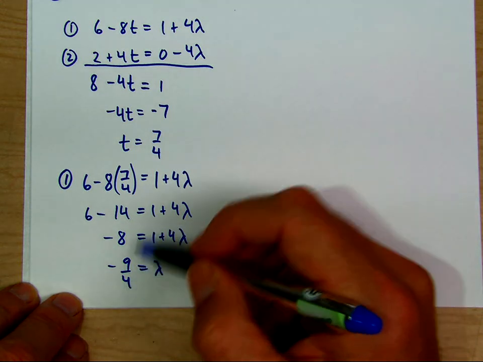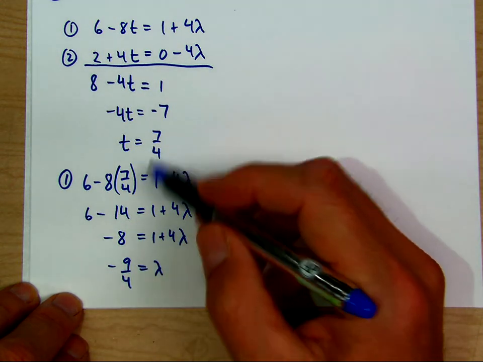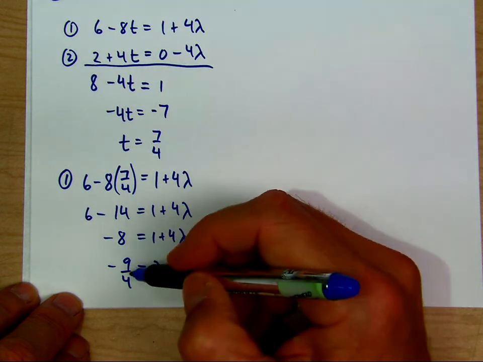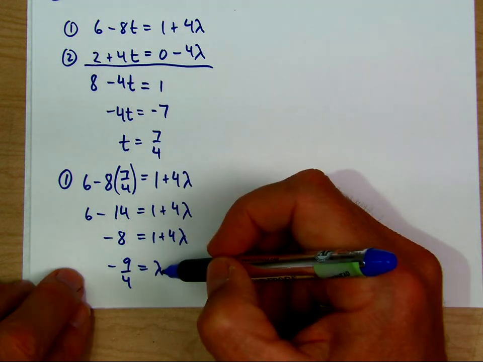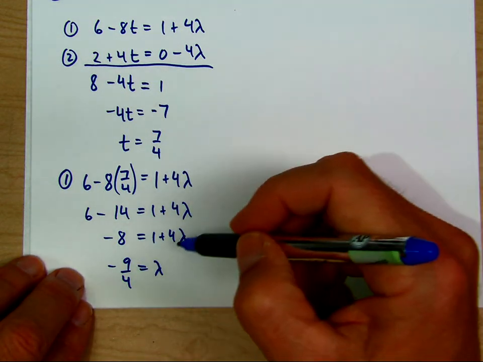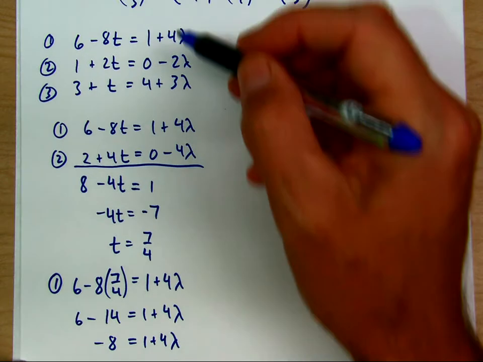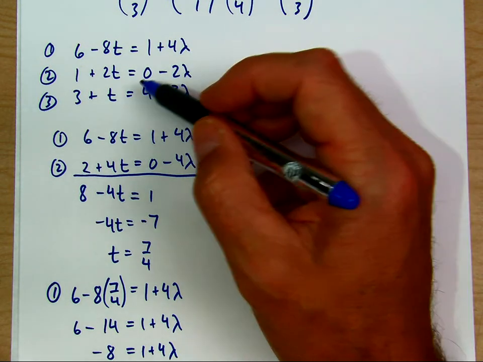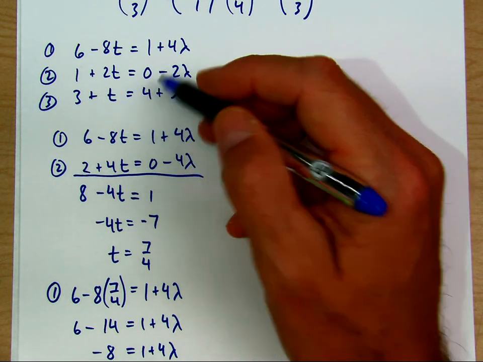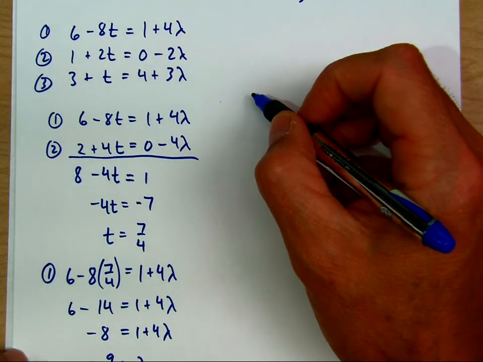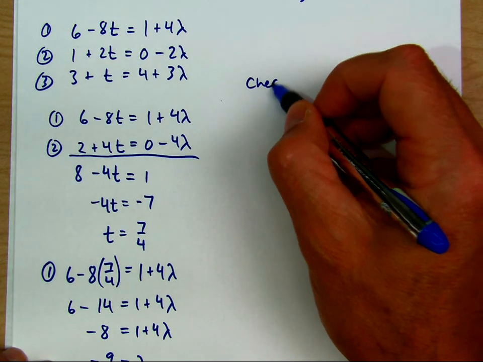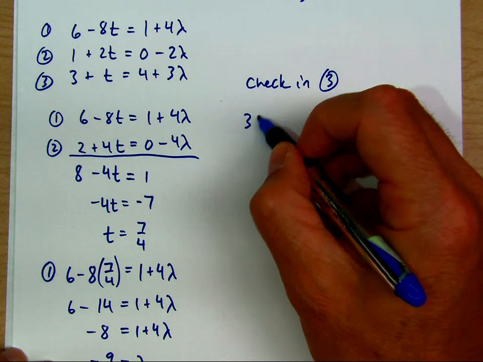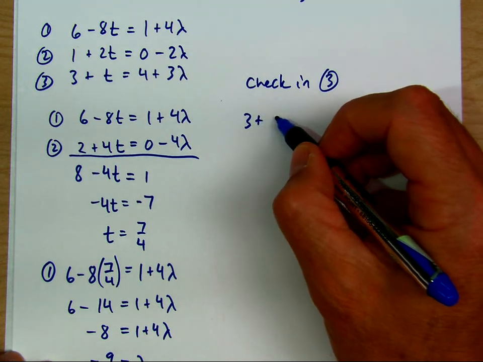Now we need to check to see that using these values of the parameters, these values make the first two equations have the same value, but we need to know if the parameters will make this equation also have the same value. So we have to check in equation 3. 3 plus t is 7/4.